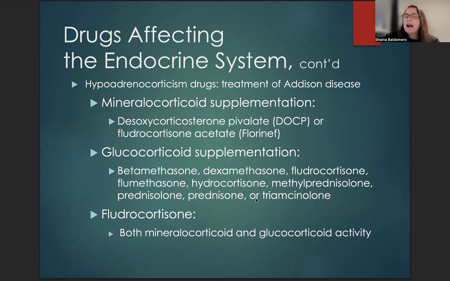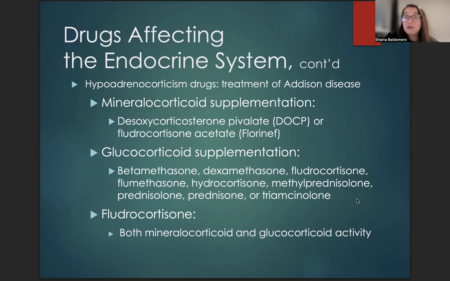That being said, as you can see, there's a lot of different types of steroids that are listed here. How would I know which one we're going to choose? Well, I'll tell you a few of the ones that are really common: dexamethasone, hydrocortisone, methylprednisolone, prednisone, triamcinolone. All of those are great. We use them all the time. How do you know which ones we're going to use and which ones we're going to use together and not?